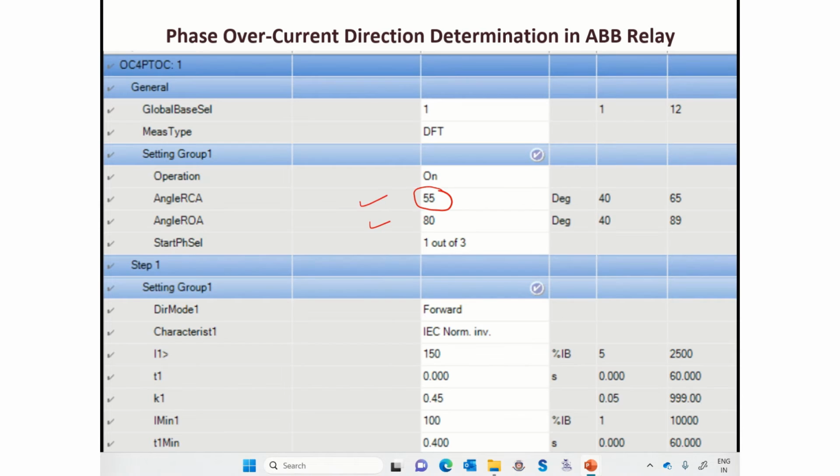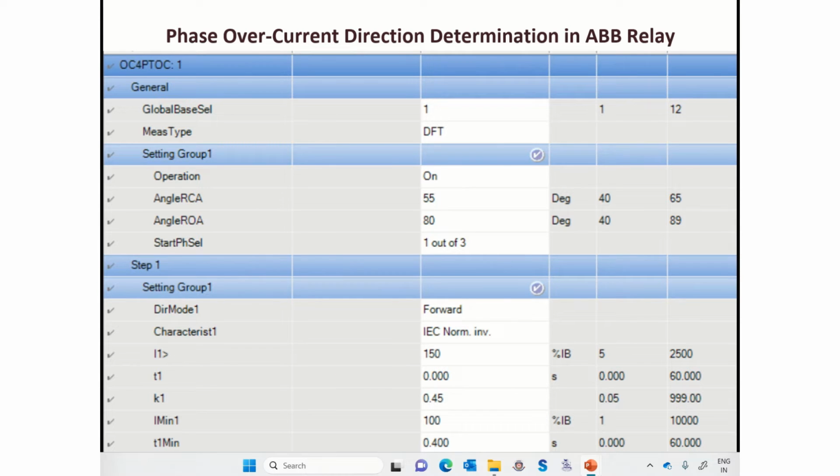Now the other important settings here are the characteristic, which we are selecting: normal inverse, very inverse, or extremely inverse. Then the operating direction is forward. I1 greater than is basically the pickup current, 1.5 ampere secondary, and K1 is the TMS.